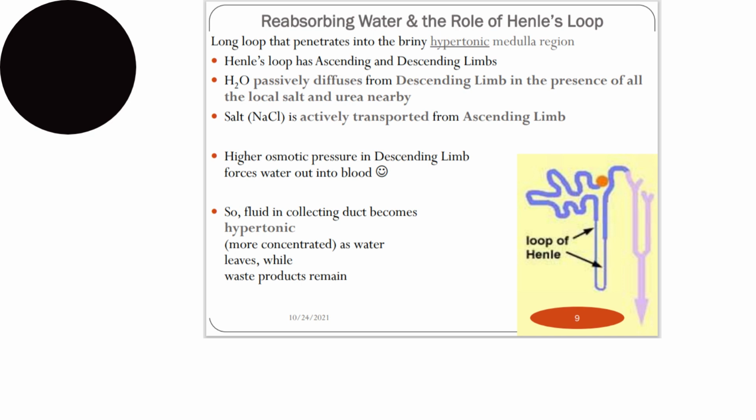And then salt will be actively transported from the ascending limb. So both water and salt are absorbed. Absorption takes place in the loop of Henle.